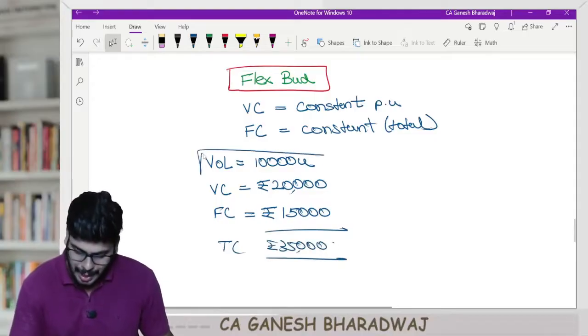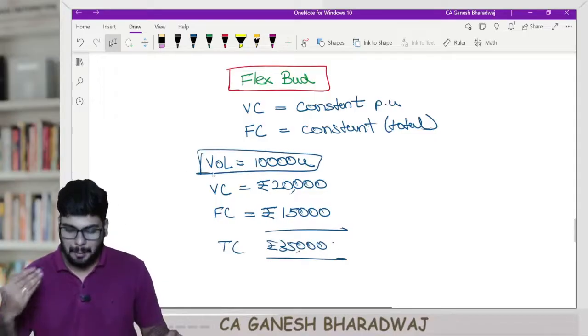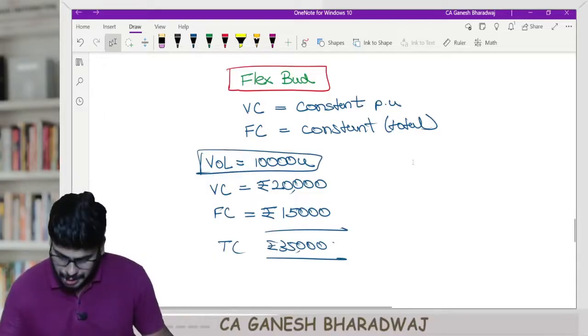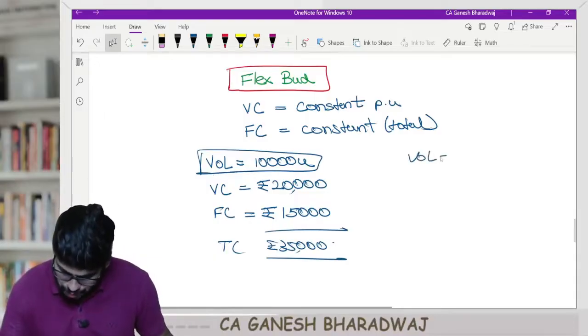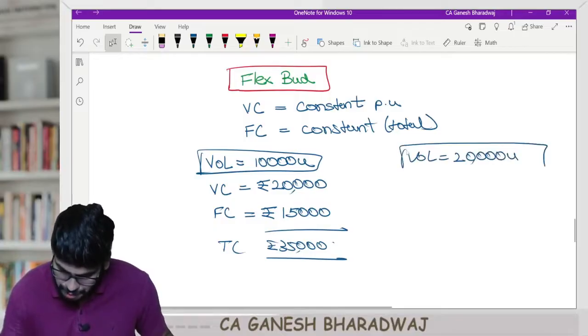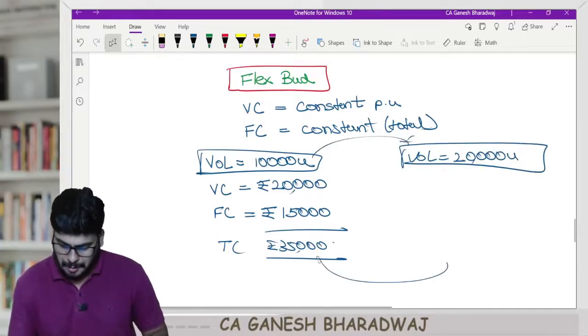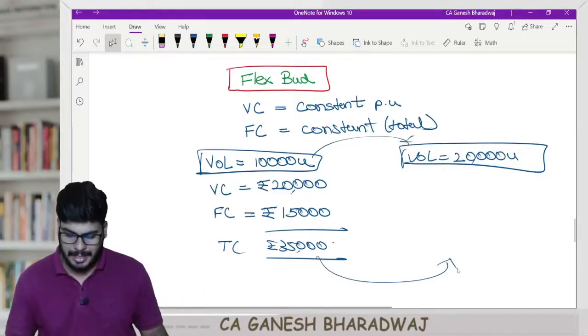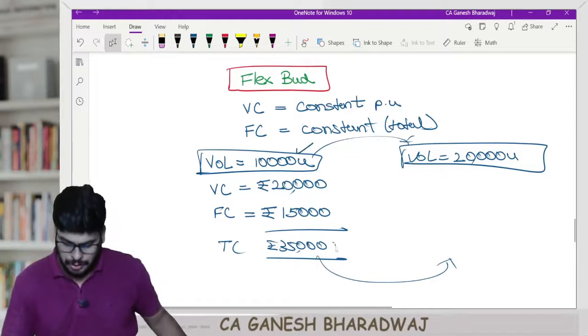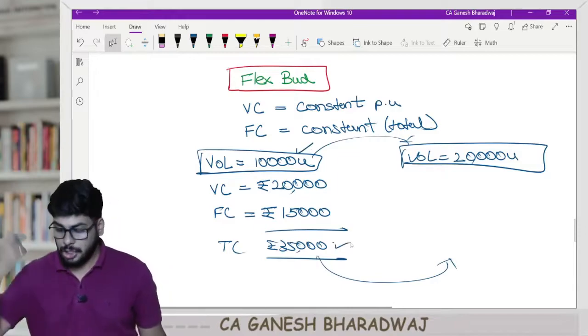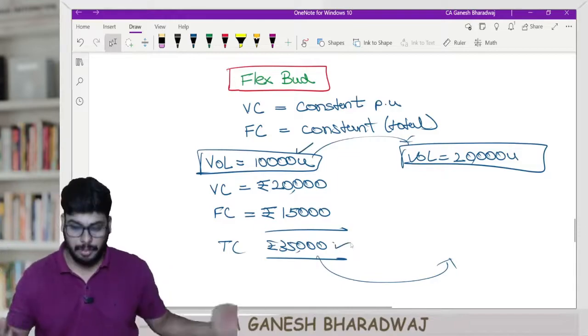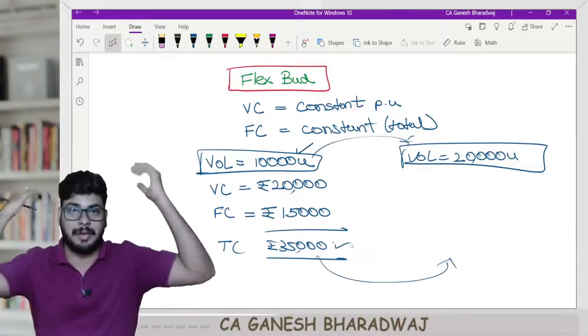Now they are asking you, prepare a budget when the volume level is going to be 20,000 units. Now when the volume doubles, will my total cost also double? If at 10,000 units my cost is 35,000, so if my volume doubles to 20,000 units, will my total cost also double and become 70,000?